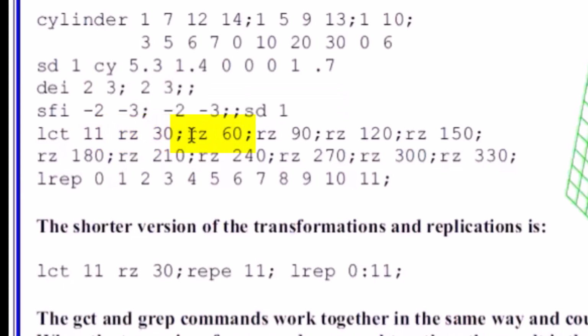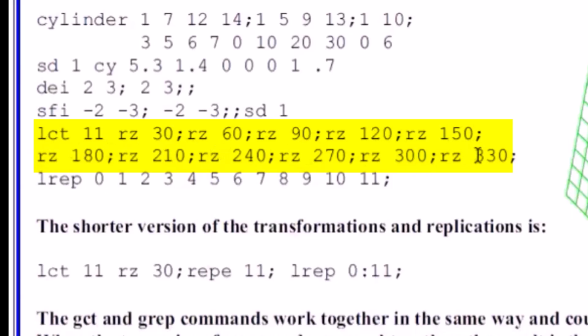The second one is like the first, but twice as much, then 3 times as much, 4 times, and 5, and so on, all the way to a replication with rotation of 330 degrees. This is a table of transformations. It doesn't actually do anything other than define or create the mathematical representation of each one of these in a table.